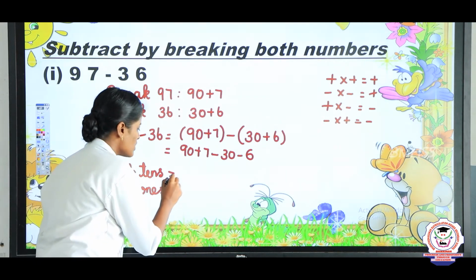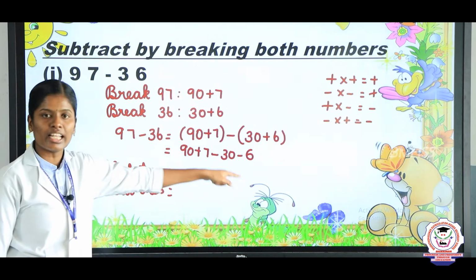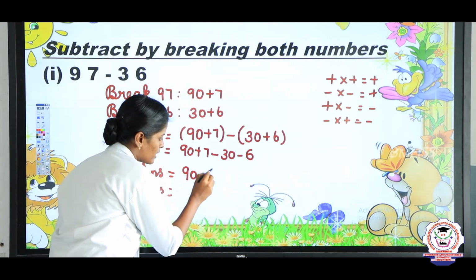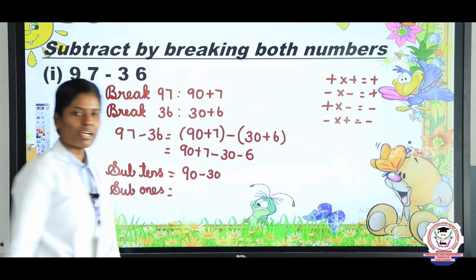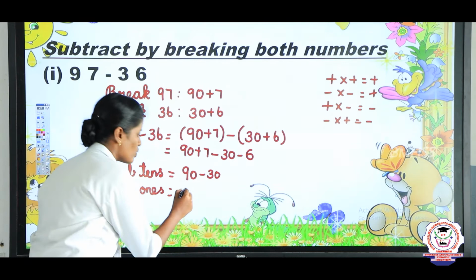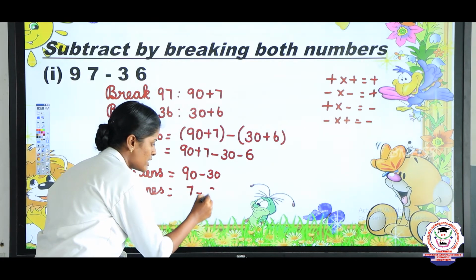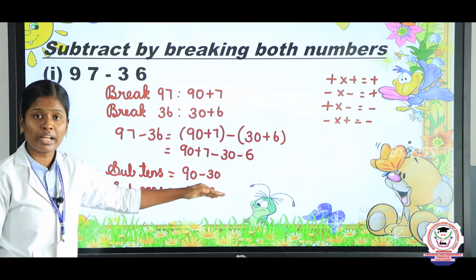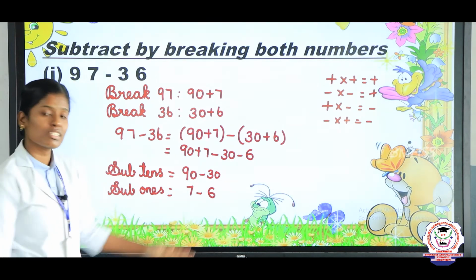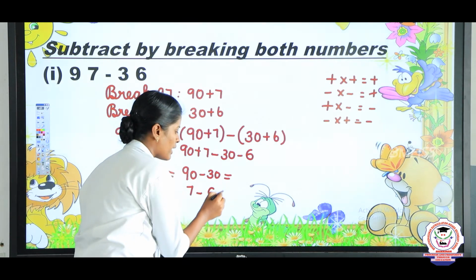Here the tens values are 90 and 30, so take 90 minus 30, and the ones values are 7 and 6, so take 7 minus 6. Now we are going to subtract 90 minus 30 and 7 minus 6.